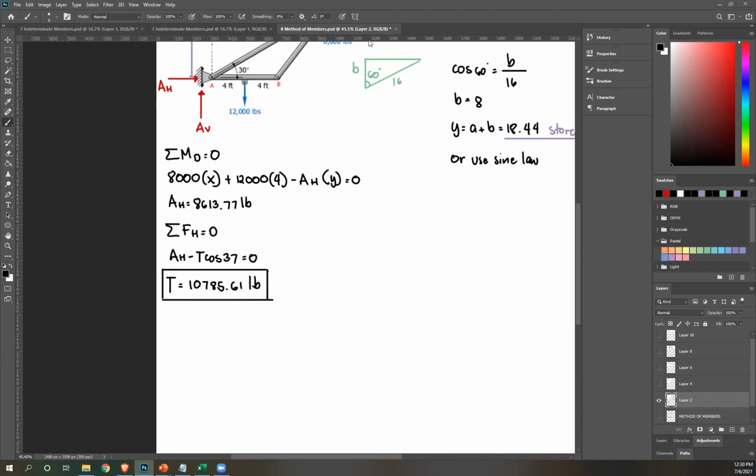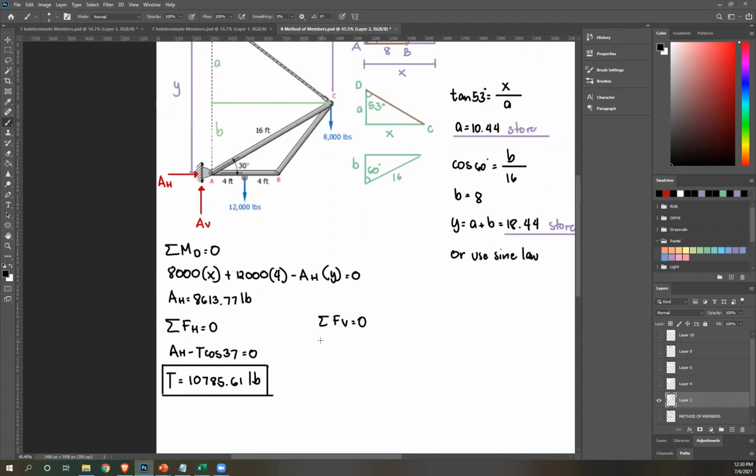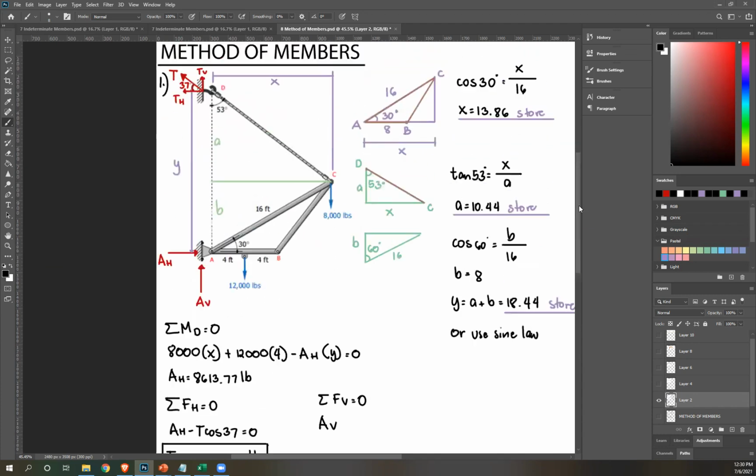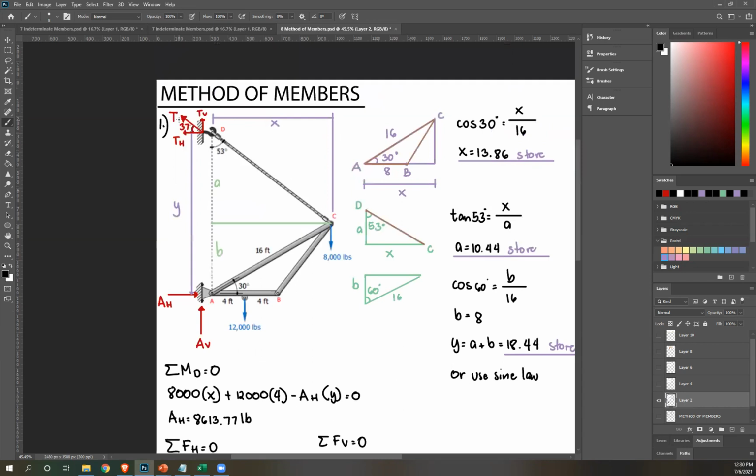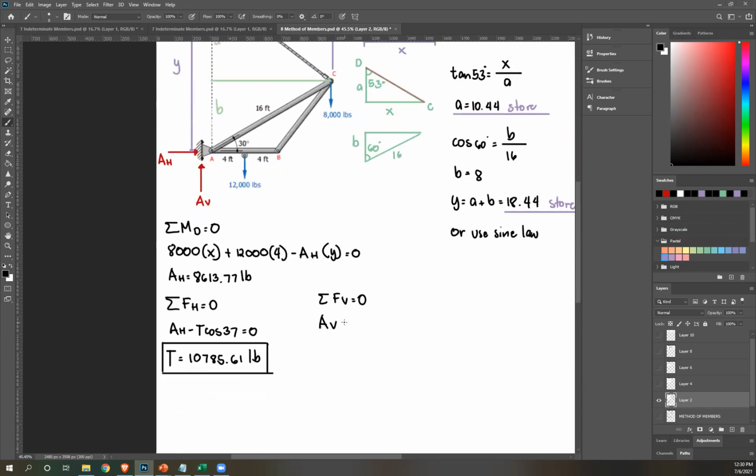Next, now that I know T, we can use summation of forces vertical to solve for AV. So vertical, let's start. AB is upward, so positive. T is also upward. To get the vertical component, that's T sine 37. So plus T sine 37.